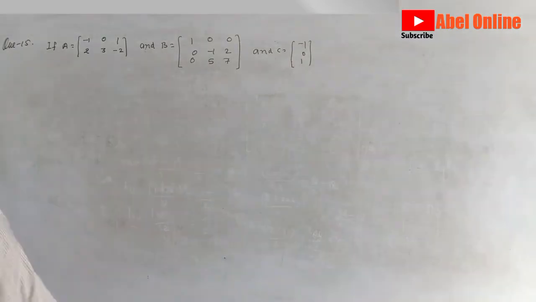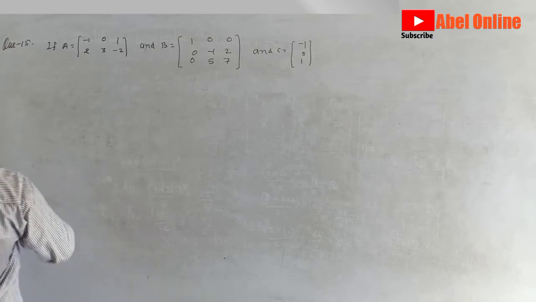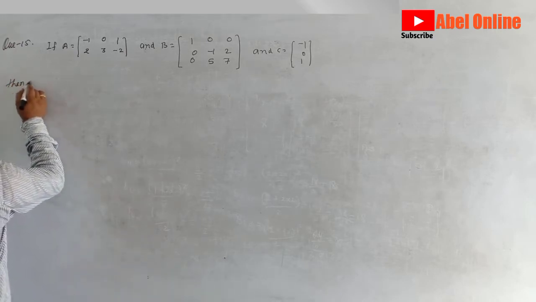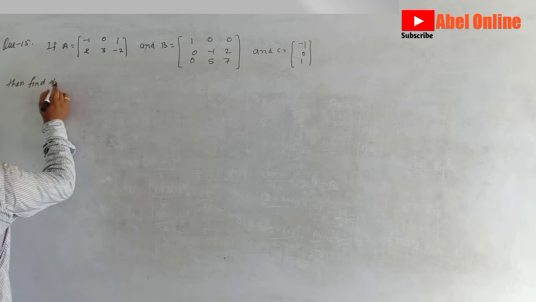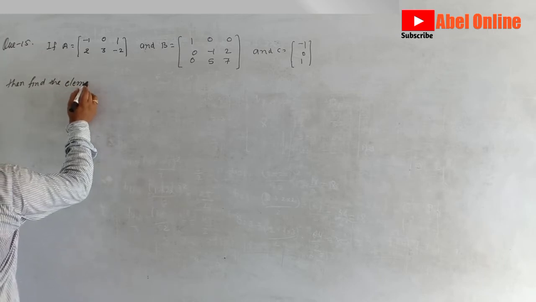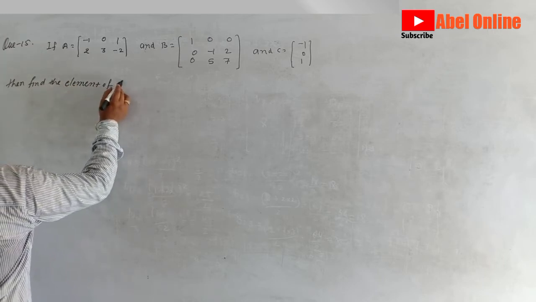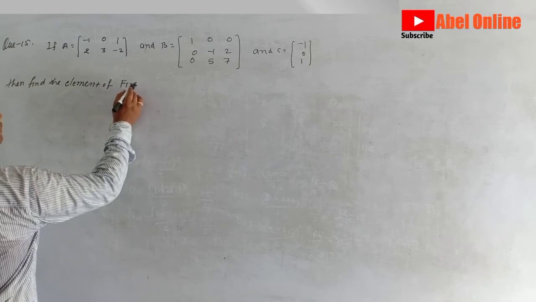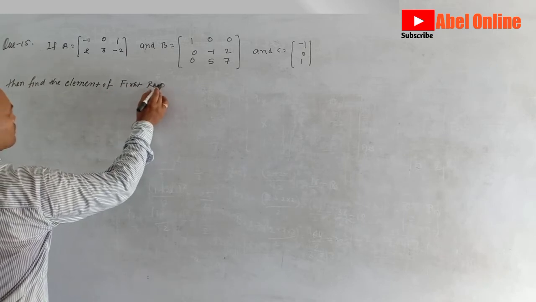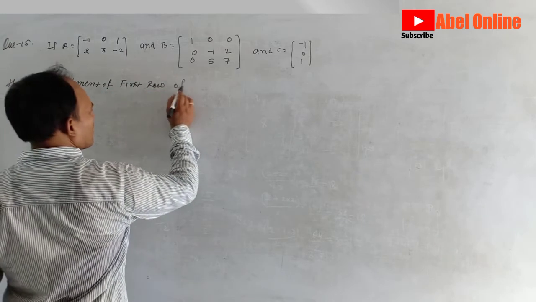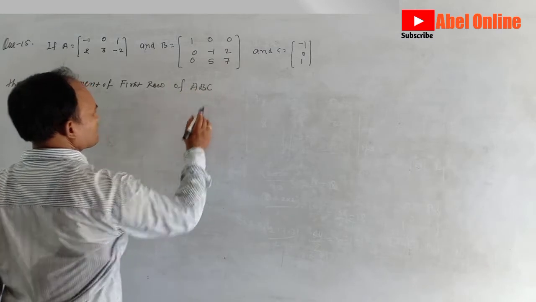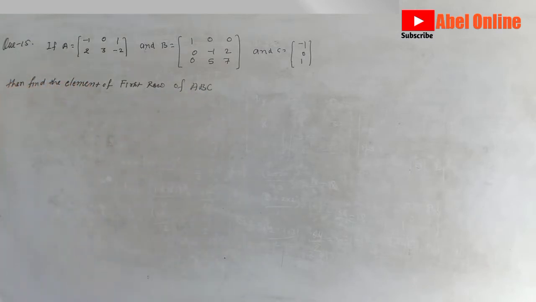This is the value of A and B and C. Then find the element of the first row of ABC. So students, this is a question.